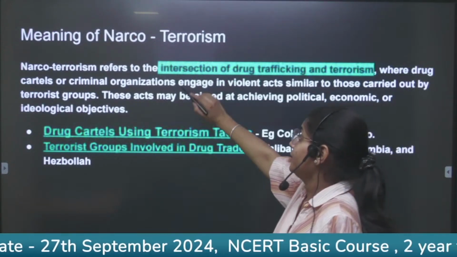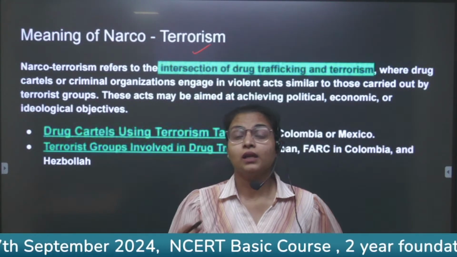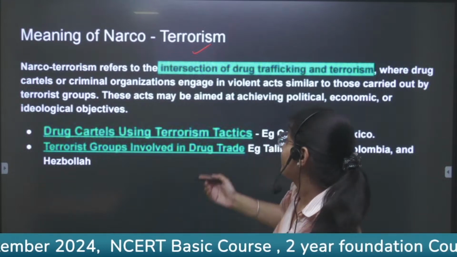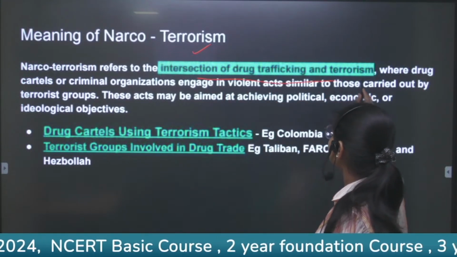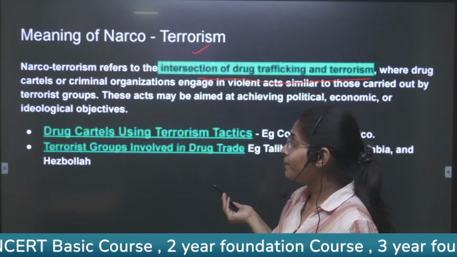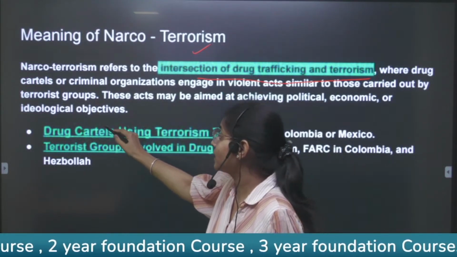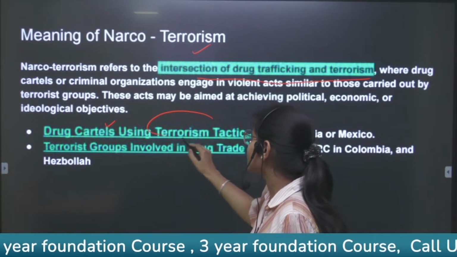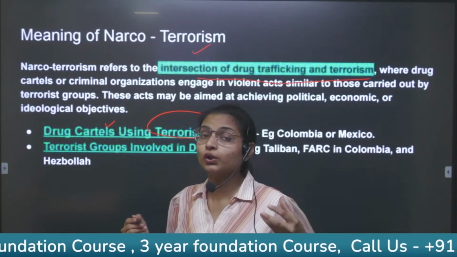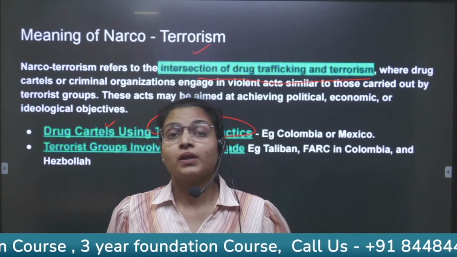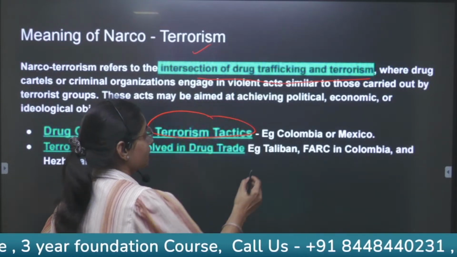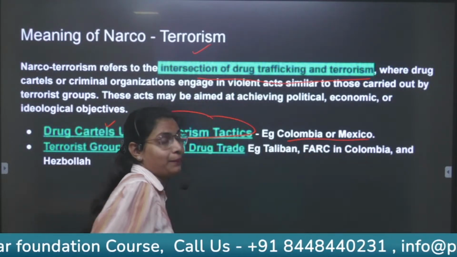Now in this question, firstly you will define what is narco-terrorism, as it is an intersection of drug trafficking and terrorism. So basically it has two subparts: either the drug cartels are using terrorism tactics to continue their drug trafficking, as seen in Colombia and Mexico.